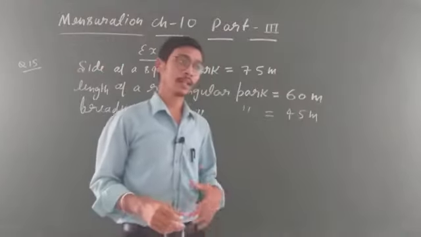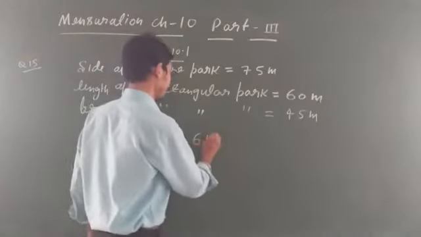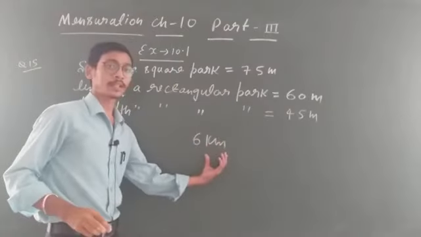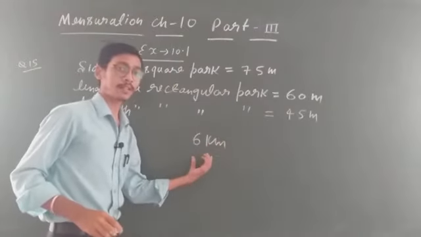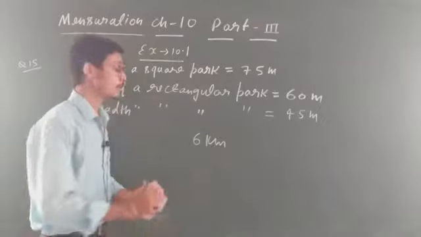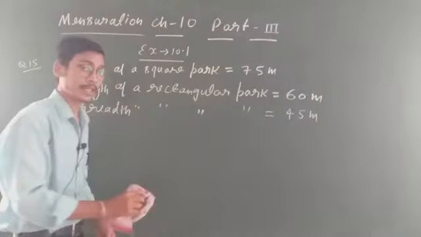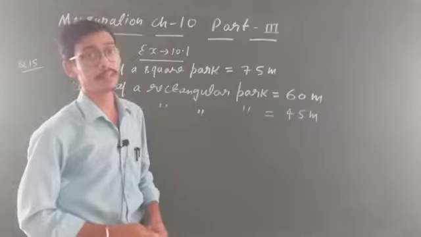If a boy covers a distance of 60 meters, this is the total distance covered by him. So total distance is total length, and total length is termed as perimeter.